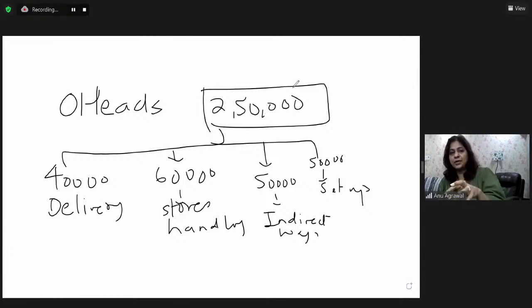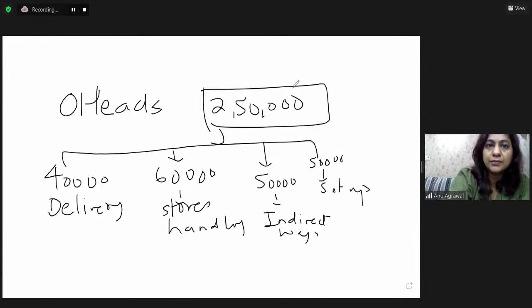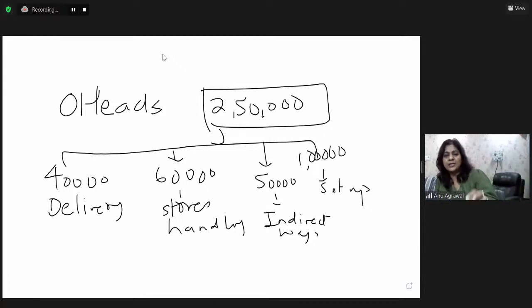Now this 2,50,000, if I break it up, 1 lakh is because of the setup which I do, the expenses which are incurred. 50,000 is because of the indirect wages, 60,000 is because of store handling, and 40,000 is because of delivery.